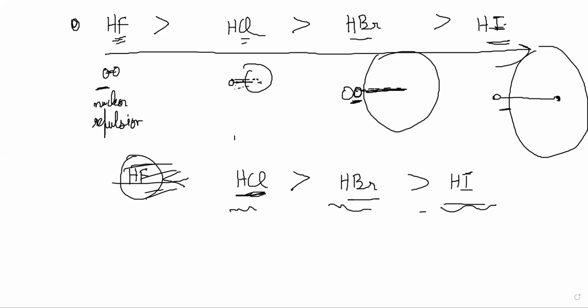So now, the next few points are for oxo acids that contain the same number of OH groups and the same number of O atoms. The acid strength increases as the electronegativity of Y increases, which is fairly understandable.